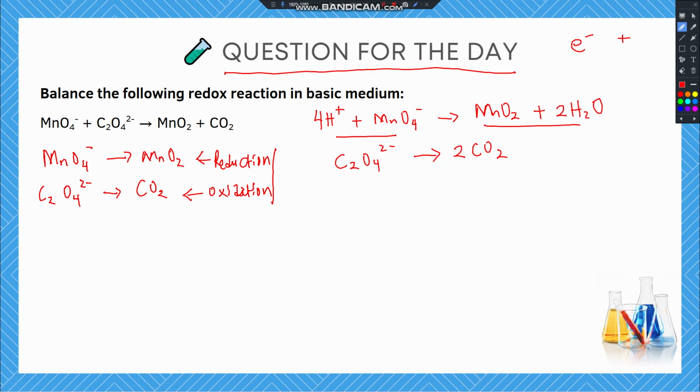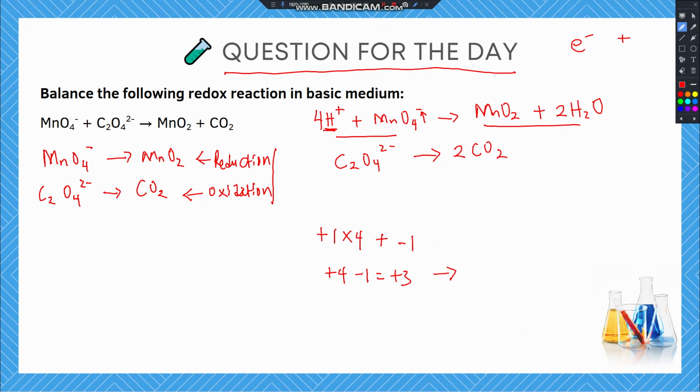So let's take the first side for instance. The total charge on the first equation on the left hand side, we have a charge of +1 on this hydrogen, and there are 4 atoms of hydrogen ions, so that becomes +1 times 4, plus we have a charge of -1 over here. Altogether it becomes +4 minus 1. This is +3.